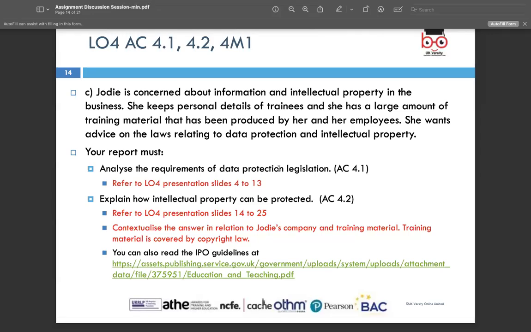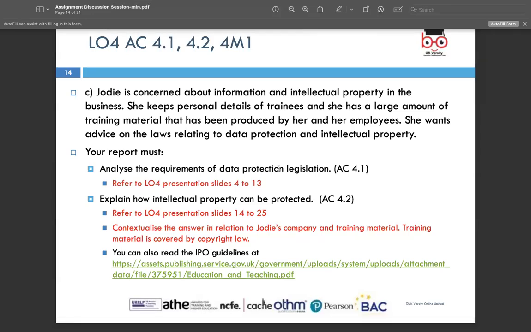The lawful basis for processing: discuss the conditions under which personal data can be legally processed, such as consent, contract, necessity, legal obligations, vital interest, public task, and legitimate interest.